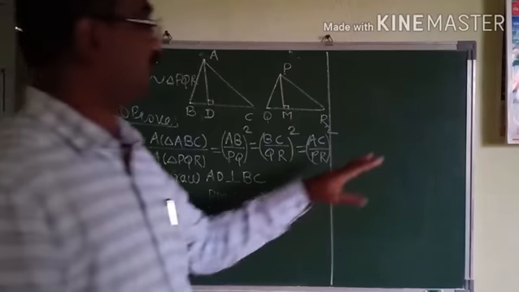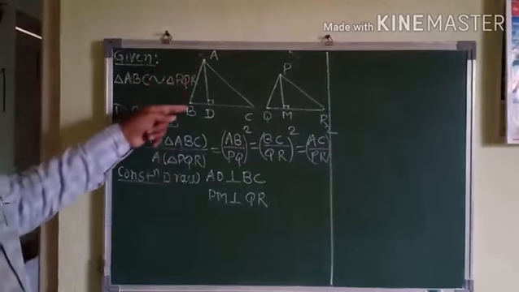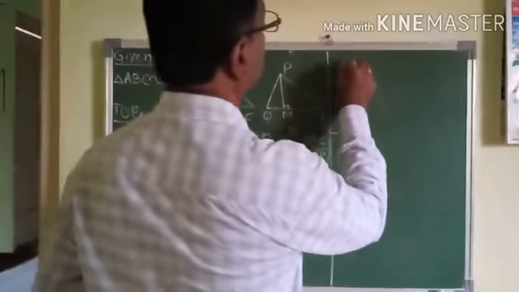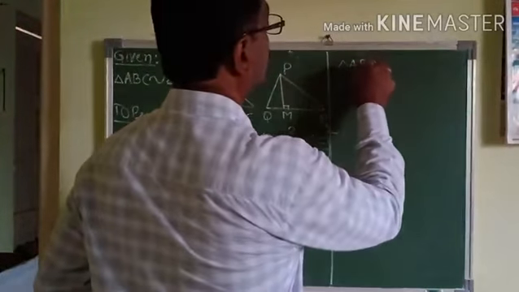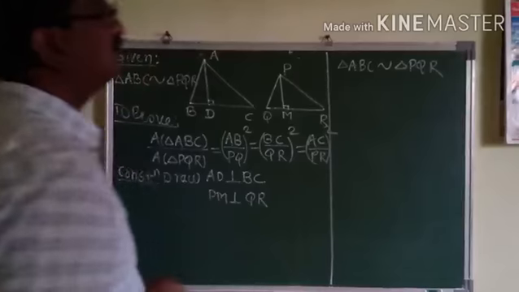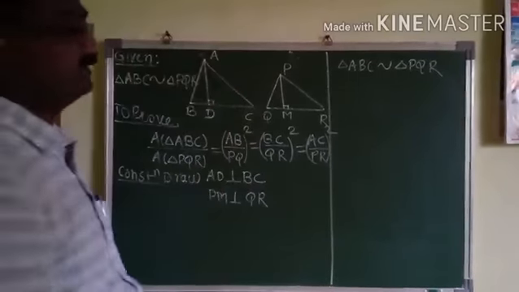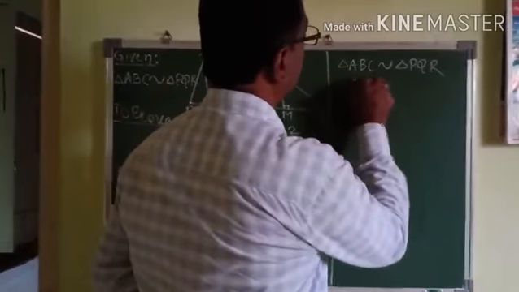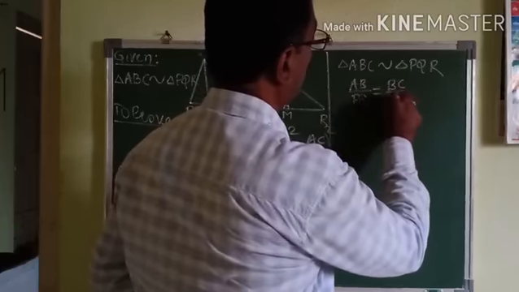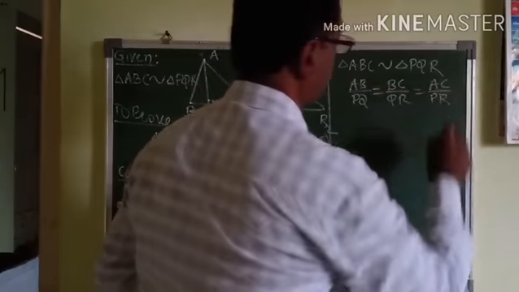Now see how we can prove that theorem. Triangle ABC and triangle PQR are similar. Therefore, their corresponding angles and corresponding sides are in proportion. That means AB upon PQ is equal to BC upon QR is equal to AC upon PR.